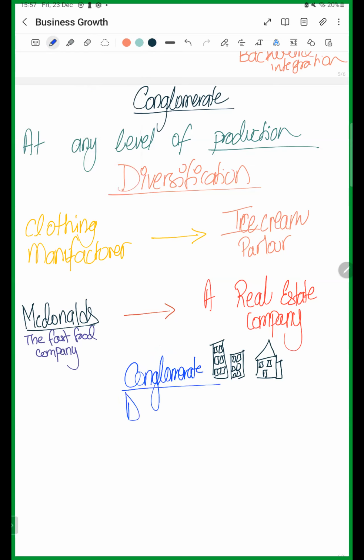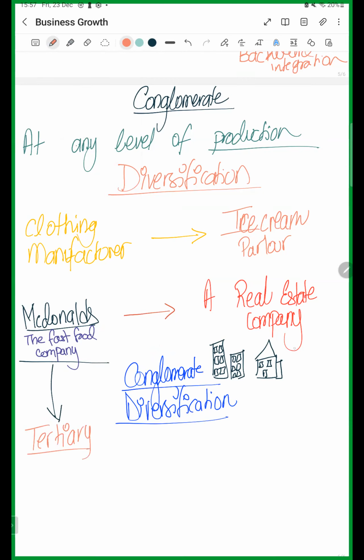It's diversification. If you think about it, McDonald's, the food, is in which sector? Tertiary. This is tertiary. And making buildings and houses, which sector is this? It's also tertiary, right?